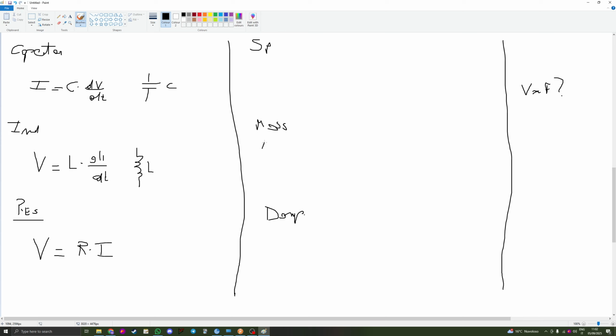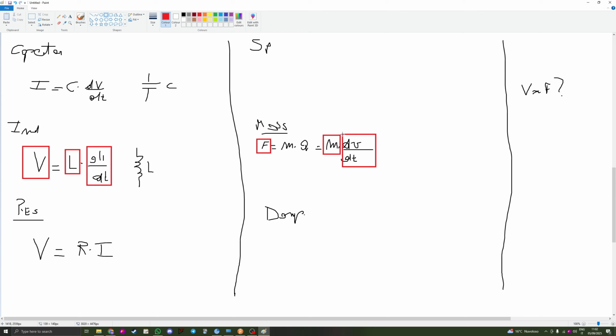When you write Newton's first law for the mass, F equal to m times a, which is equal to m times dV over dt, it resembles the equation of the inductor. So V is F, L is m, and di over dt is dV over dt.